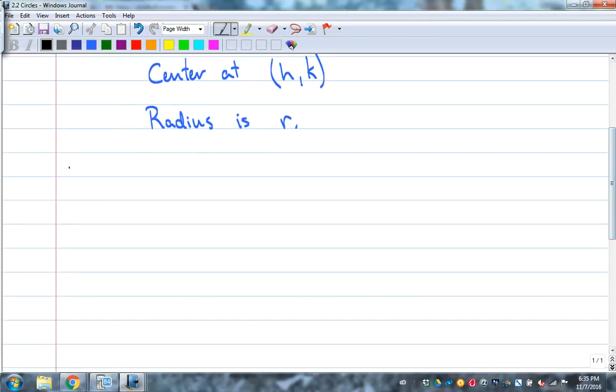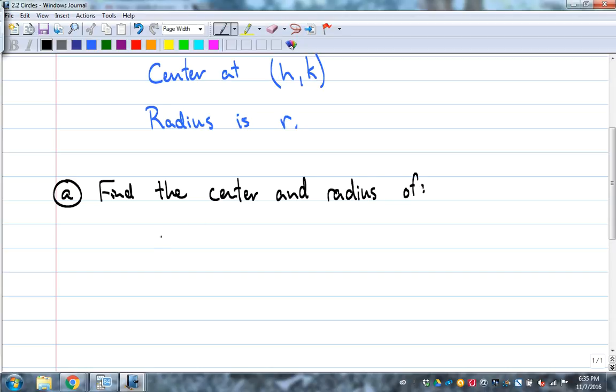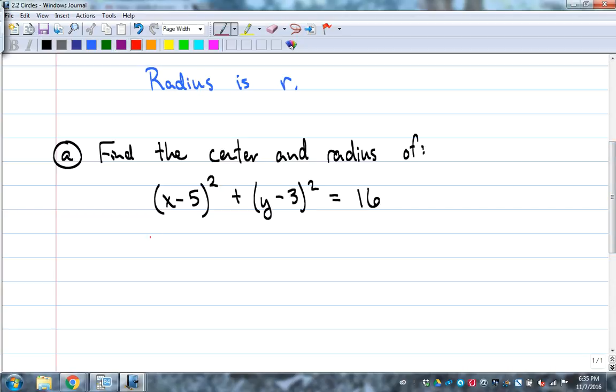So example A, find the center and radius of (x minus 5) squared plus (y minus 3) squared is equal to 16. Okay. So the center, 5, 3.